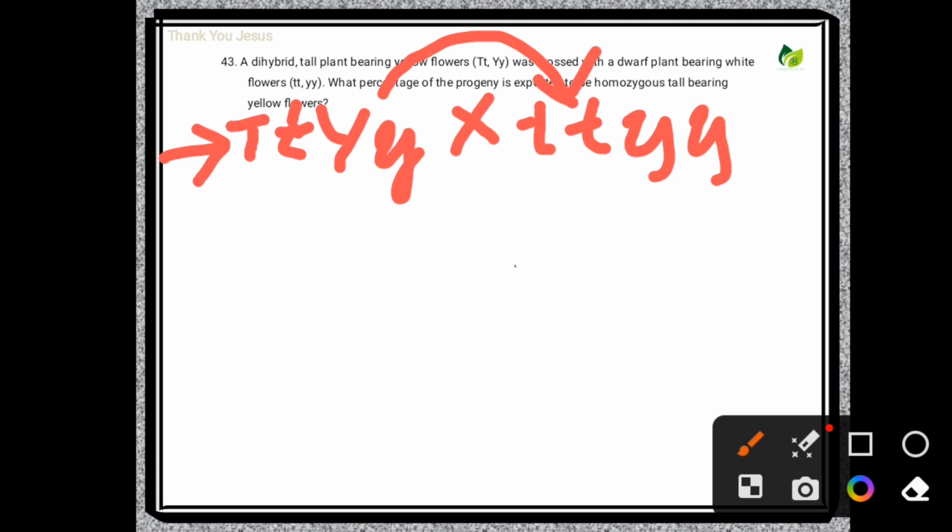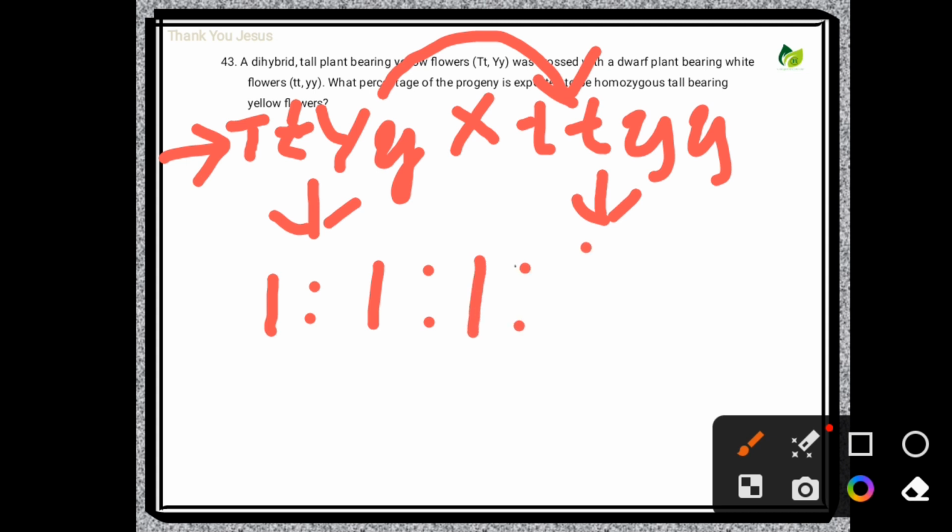So the question is, what percentage of progeny is expected to be homozygous tall bearing yellow flowers? From this, 4 gametes will be derived, and from this only one gamete will come. When you observe the test cross ratio, it is always 1:1:1:1.